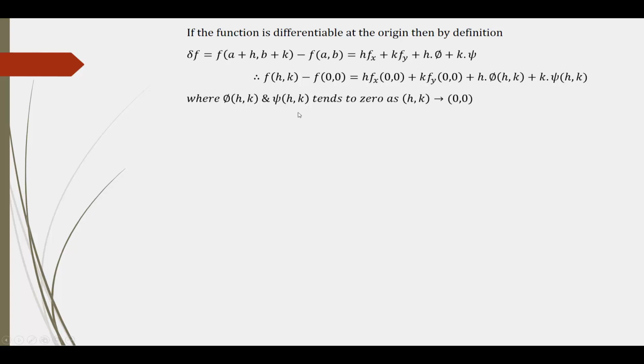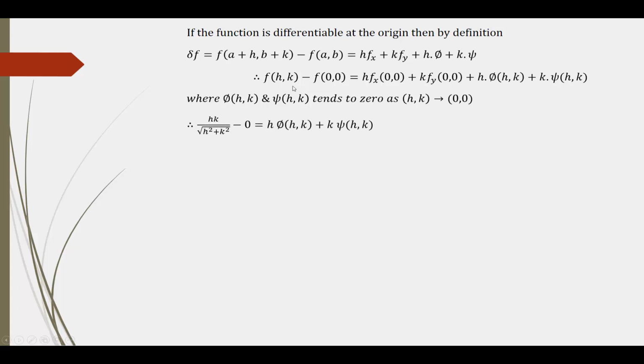Now at the origin, put a is 0, b is 0, so f(h,k) minus f(0,0) equals h into fx(0,0) plus k into fy(0,0) plus h into phi(h,k) plus k into psi(h,k), where phi and psi tend to 0 as (h,k) tends to (0,0).